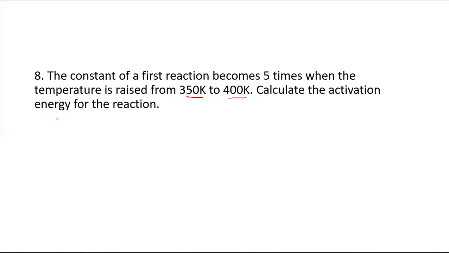ಇಲ್ಲೂ ಕೂಡ ಎನರ್ಜಿ ಆಫ್ ಆಕ್ಟಿವೇಶನ್ ಕೇಳಿದ್ದಾರೆ, ಬಟ್ K1 and K2 directly they have not given, but instead they have given a hint. That is the constant of a first order reaction becomes 5 times, 5 ಪಟ್ಟು ಜಾಸ್ತಿ ಆಗುತ್ತೆ ಯಾವಾಗ ಟೆಂಪರೇಚರ್ ಇನಿಷಿಯಲ್ ಇಂದ ಫೈನಲ್ ಗೆ ಹೋದಾಗ.